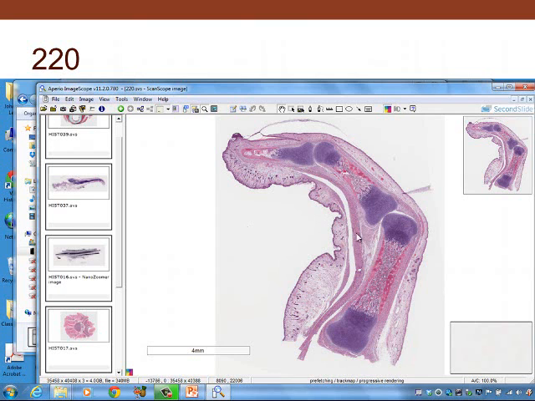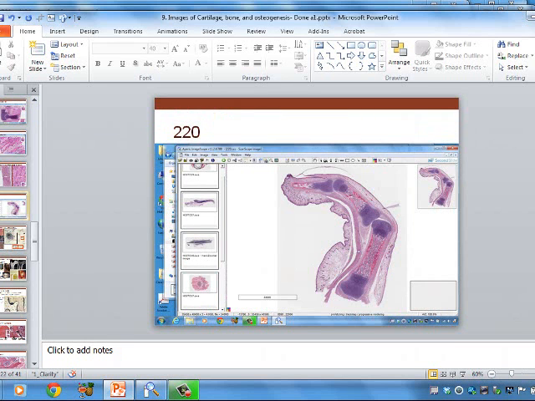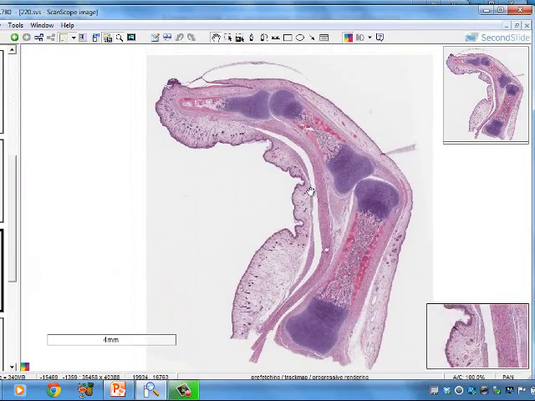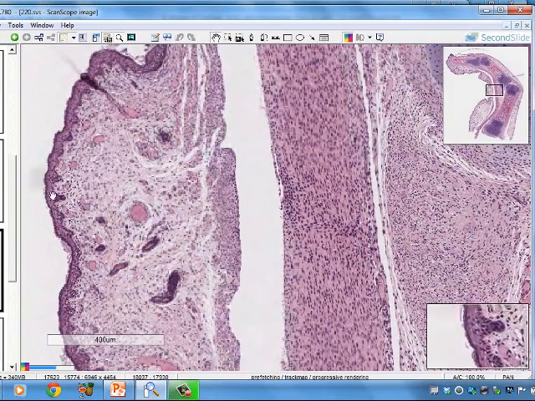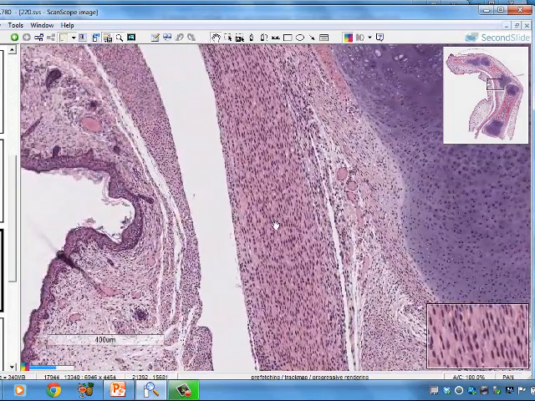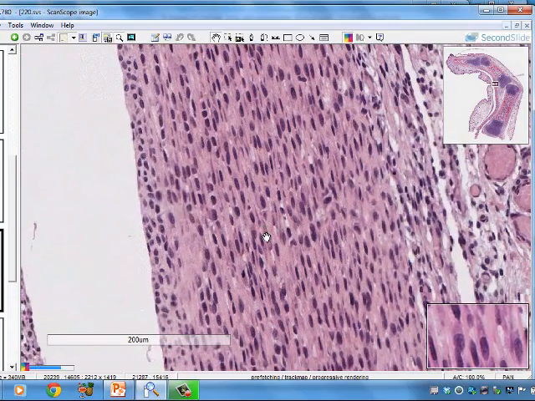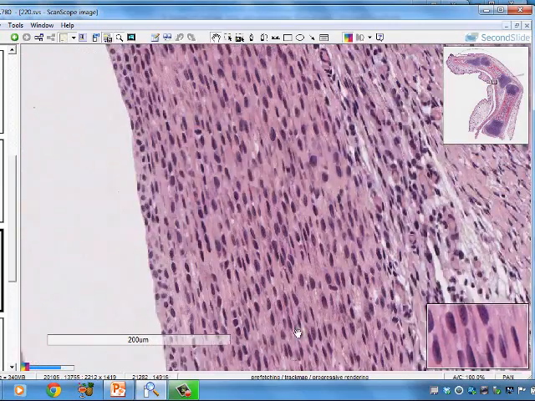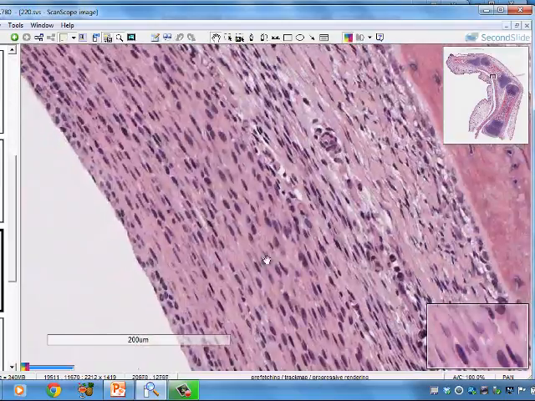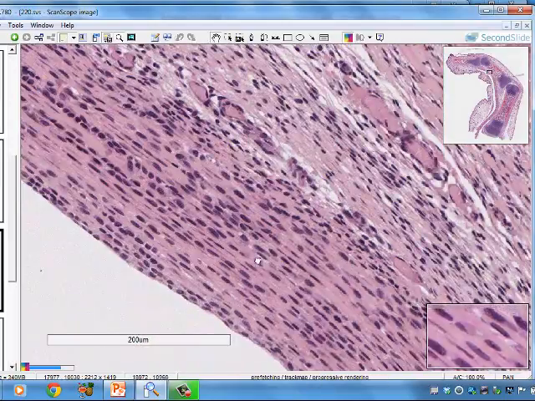And so here we can see this tendon in this specimen. We can take a look at that, and we can see that there's the skin, and then this is the developing tendon. So these are fibroblasts. You can see nice fibroblasts in through there. See the cytoplasm of it, kind of cigar-shaped cells that you can see.